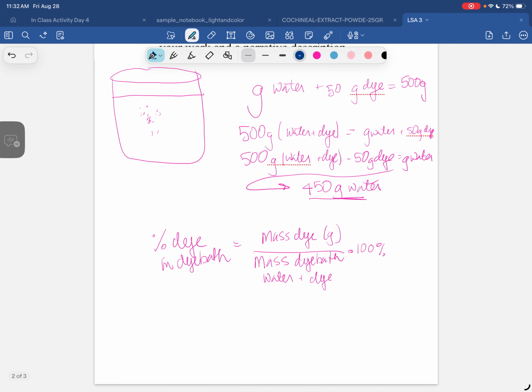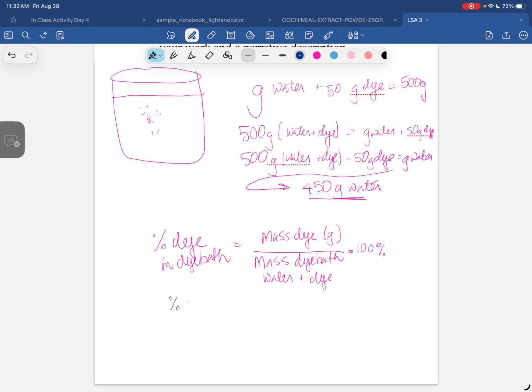Now we can see, first of all, do we need to rearrange? And then we can start plugging in. So we're solving for the mass percent of our dye bath, and our equation is set up. So we're solving for mass percentage of dye in our dye bath.